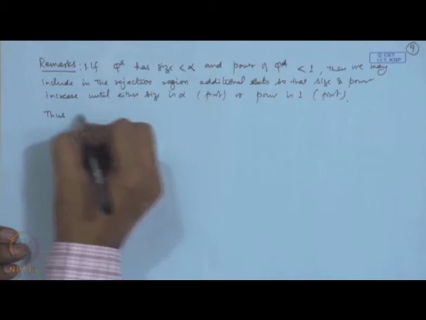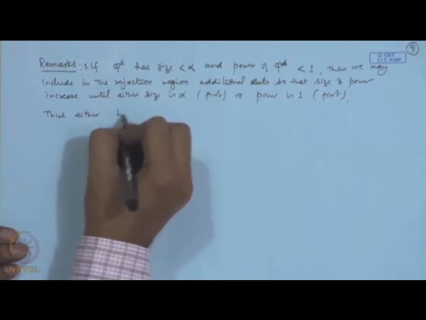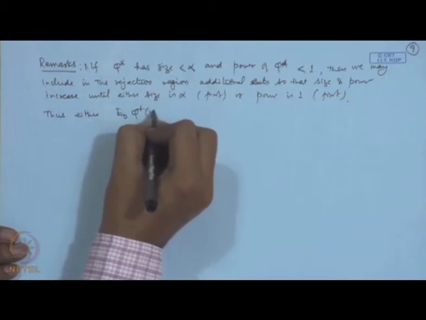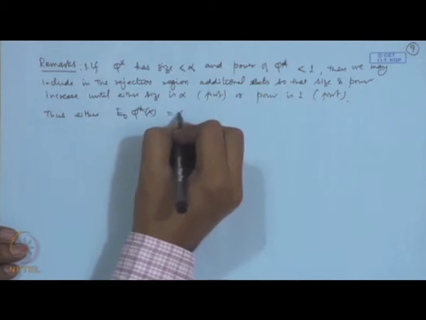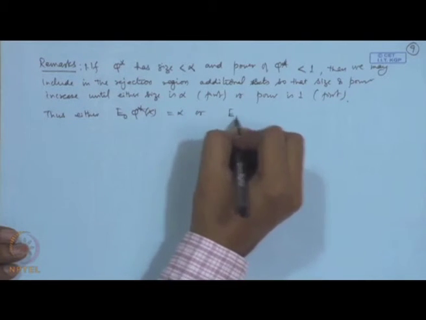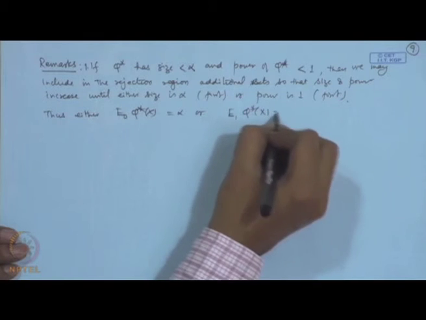So, thus we will have either expectation of phi star equal to alpha or expectation of phi star x equal to 1.